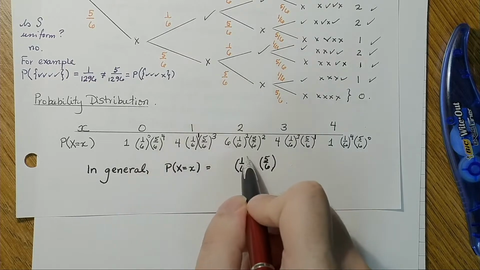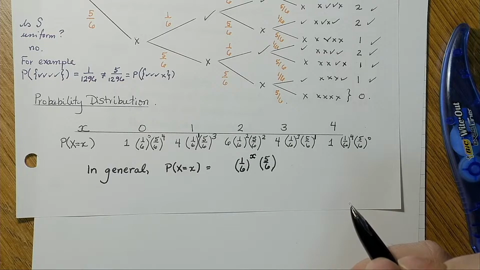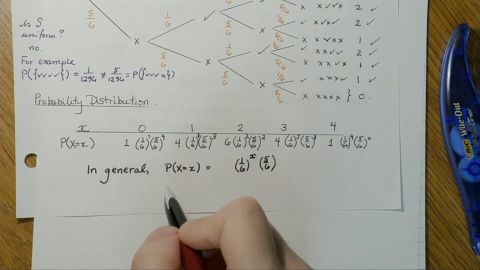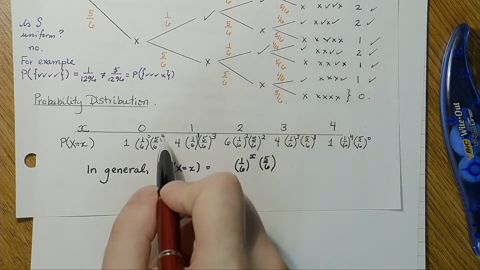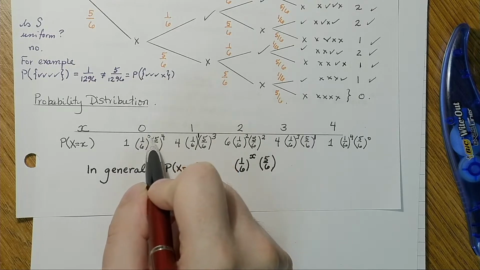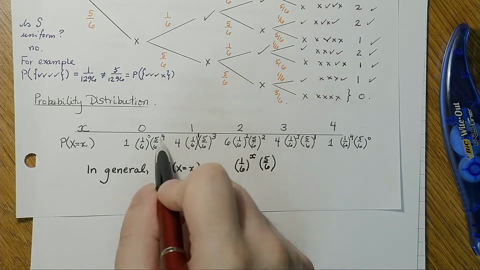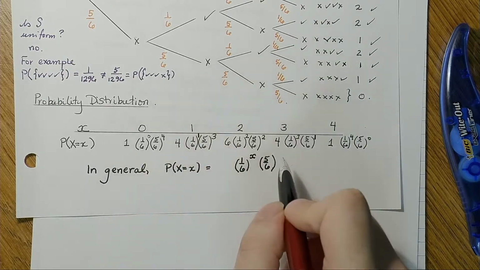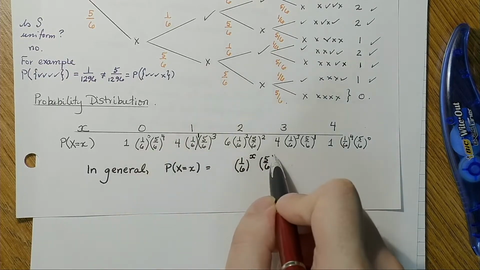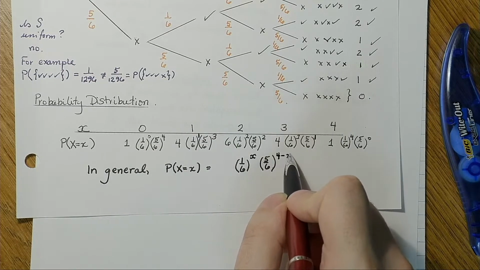So I'm going to write this up here as x. The next thing for the other exponent is that we know these exponents have to sum to 4, and it's decreasing every time the other one increases. So I'm going to write it as: I know there are 4 in total, and I'm just going to subtract x from it.